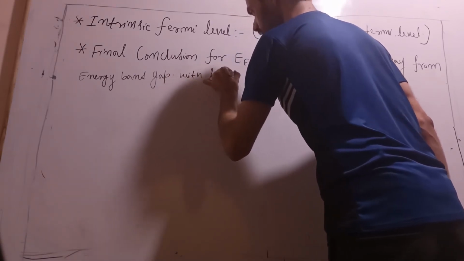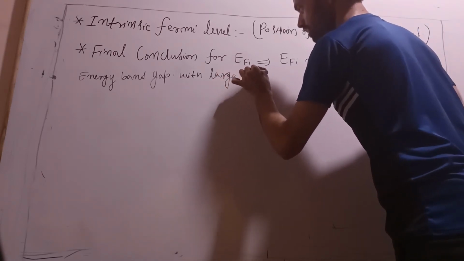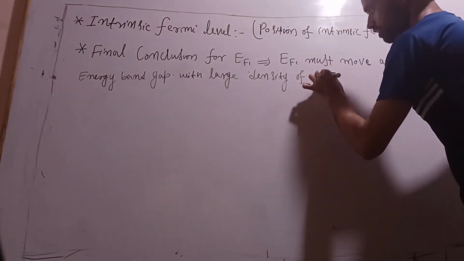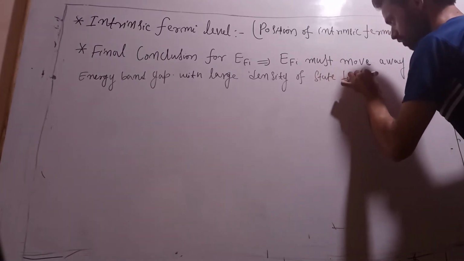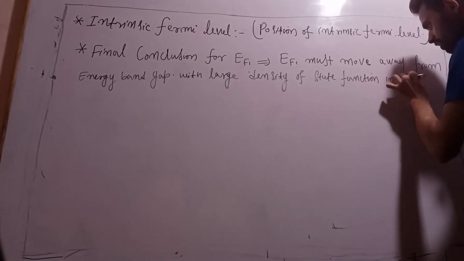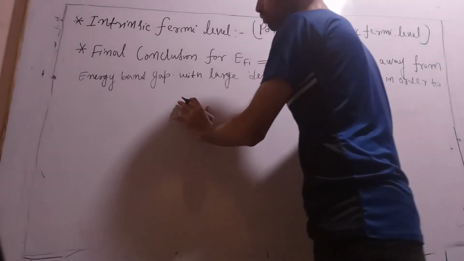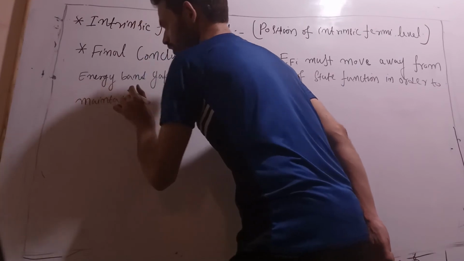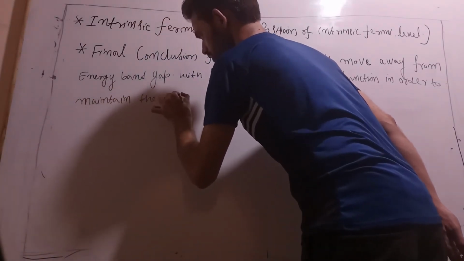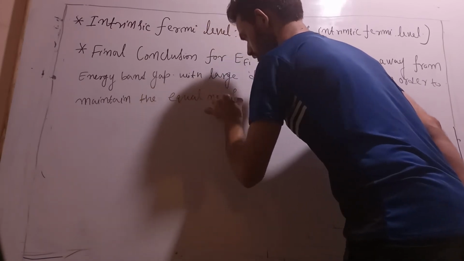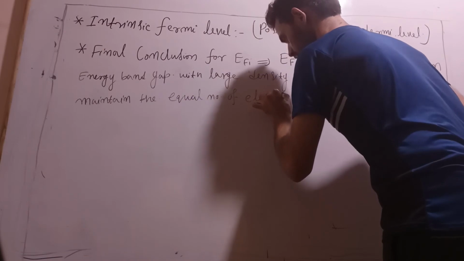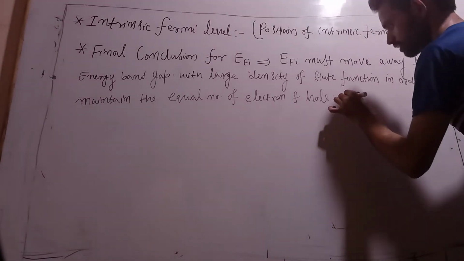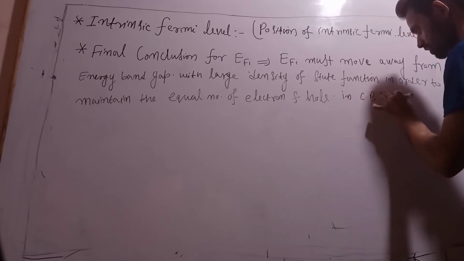It must move away in order to maintain an equal number of electrons and holes in the conduction band and valence band.